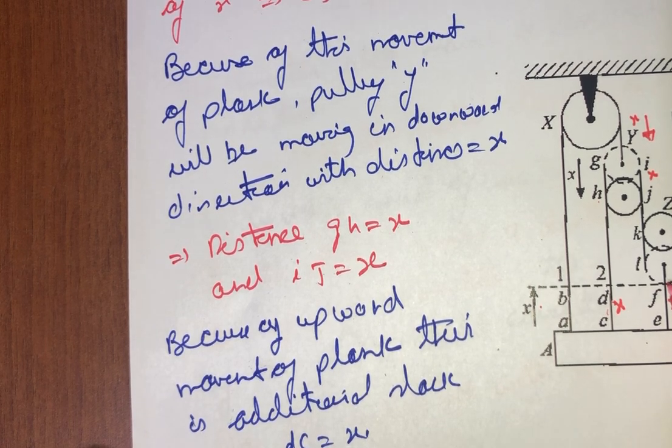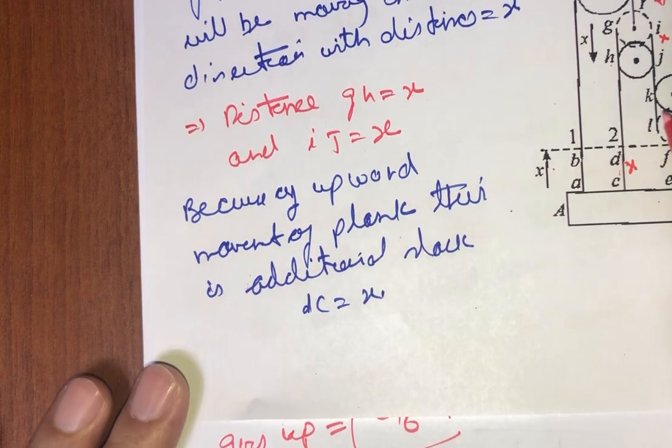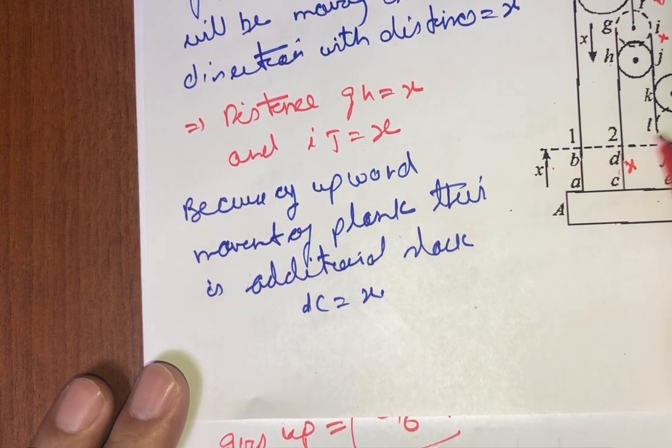This will move pulley Z upward by distance x, giving additional slack KL as well as MN, each equal to x, and the entire will be 5x.